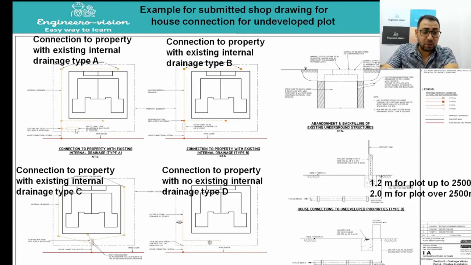What is the difference between this case and this case? Why did they call this type A and type B? In both cases, the inspection chamber is very near the septic tank. But here, we can take the flow from the existing inspection chamber into our main network and do the overpumping for the live sewer network inside the plot from this inspection chamber to the temporary septic tank.